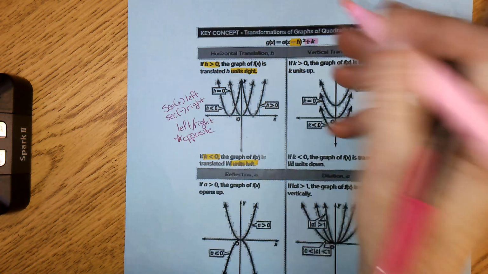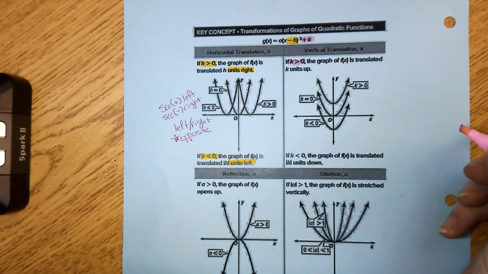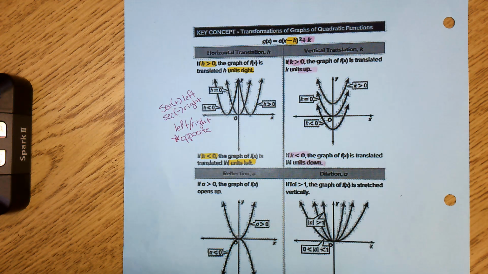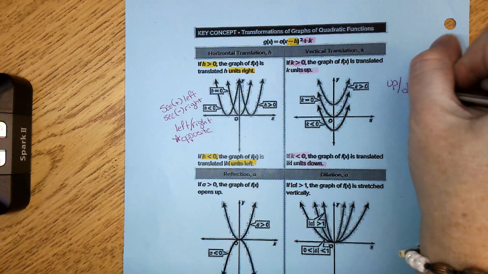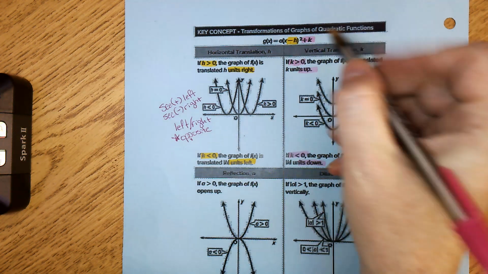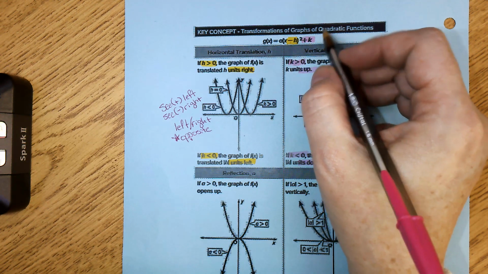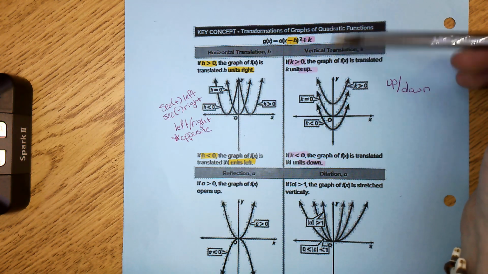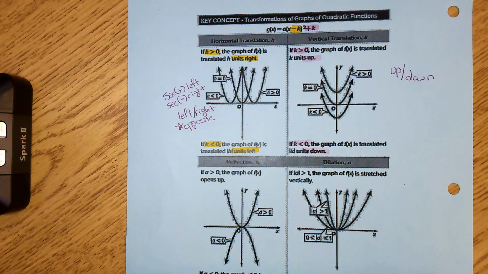If k is greater than 0, we're going up. If k is less than 0, we are going down. So k tells you up, down. And remember, if there's a plus or minus sign behind it, it is affecting the y, not our x. Those are our horizontal and vertical translations.